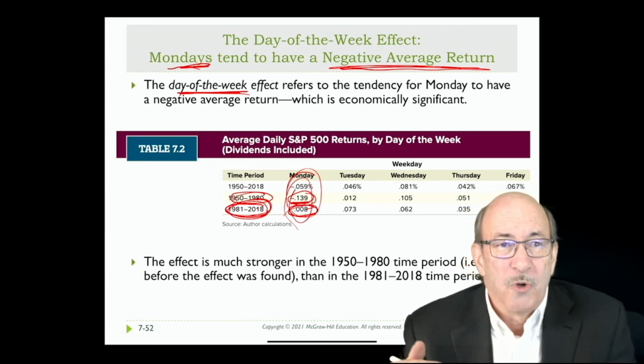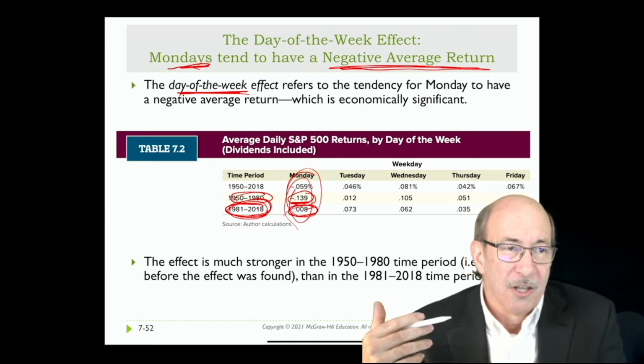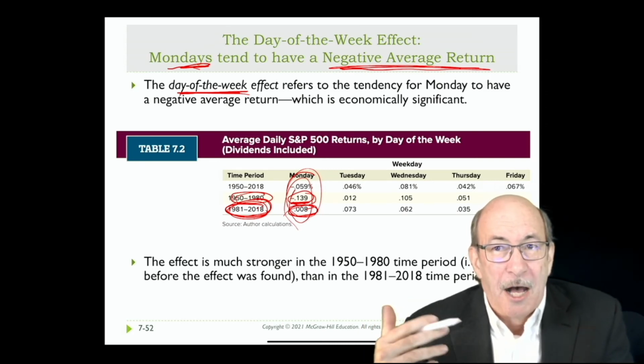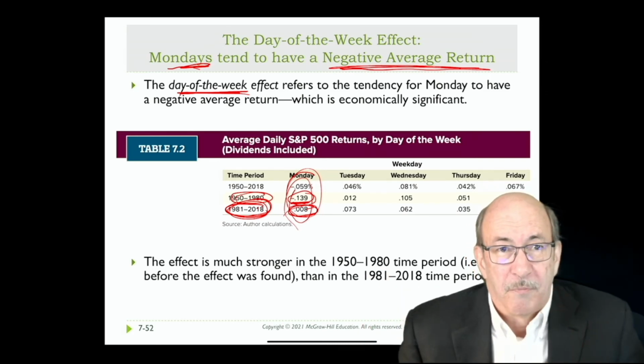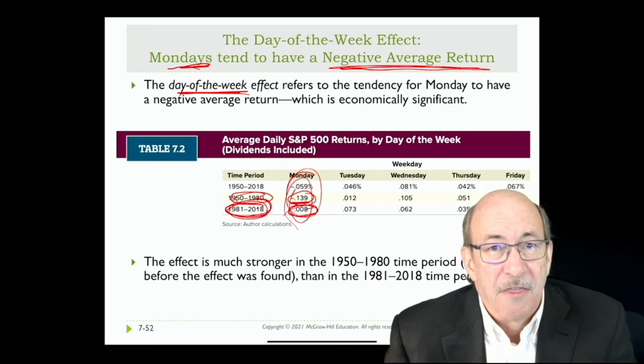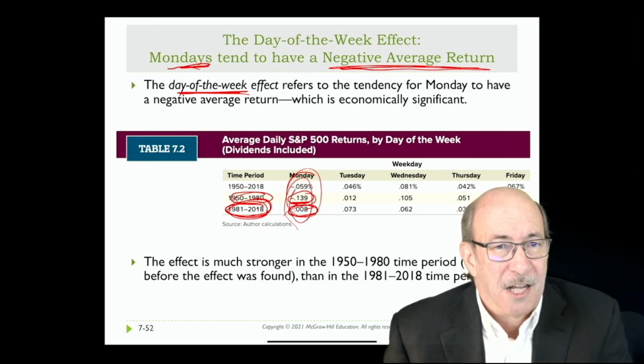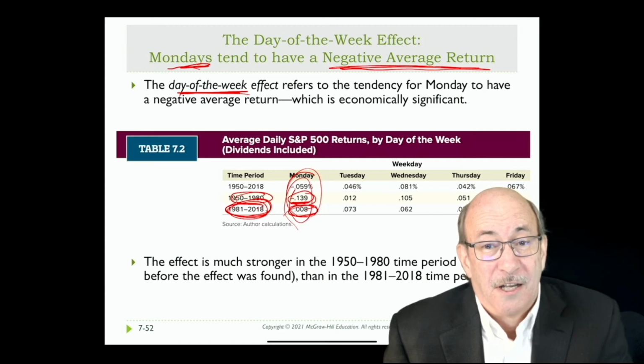This is something that we see repeated over and over in this study of anomalies. An anomaly is discovered by some researcher or some practitioner, and then it gets some publicity. And then we look at it later on down the line, 10, 15, 20 years later, and it seems to have gone away.